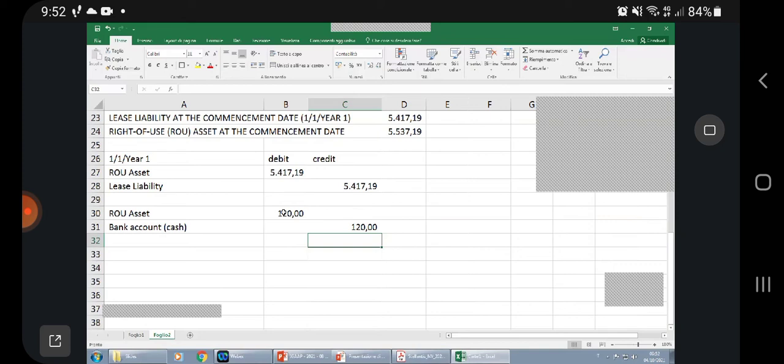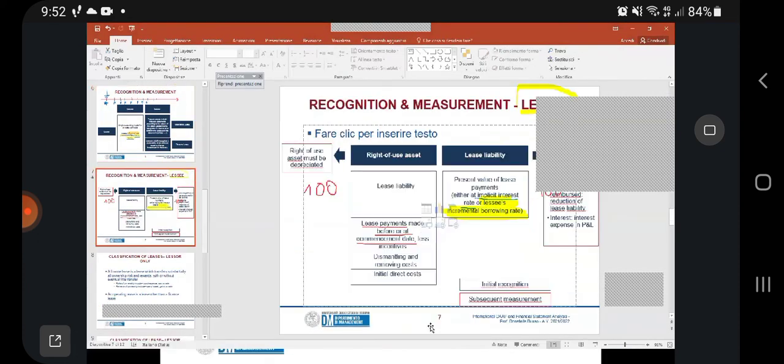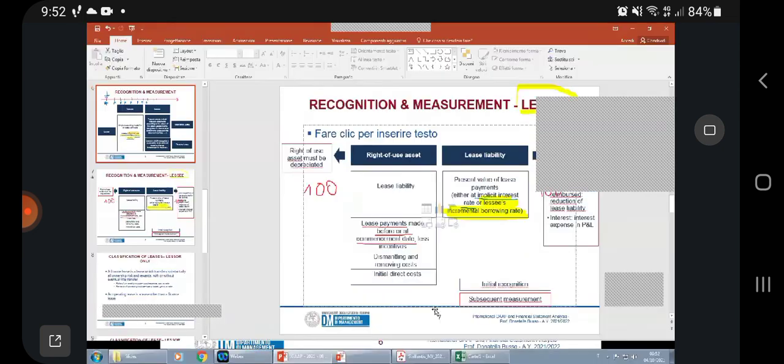Is this clear? Any questions? So this is exactly an application of what we have just seen about the initial recognition.